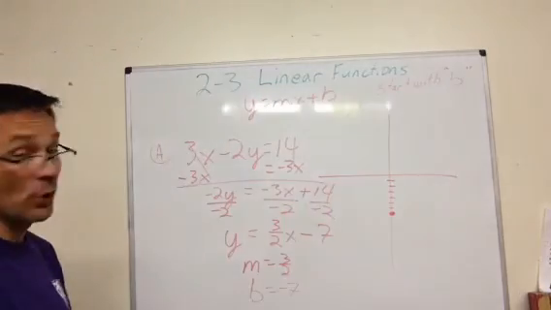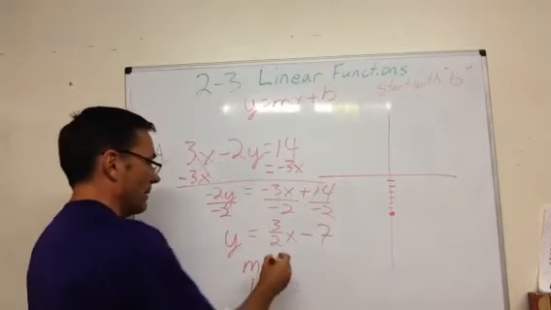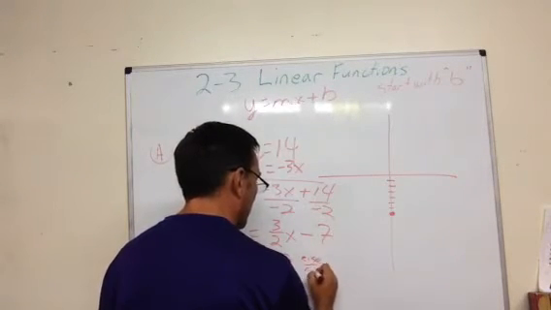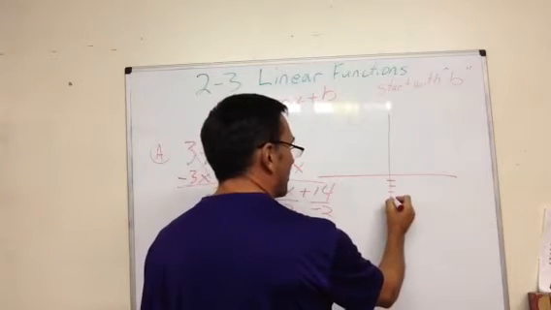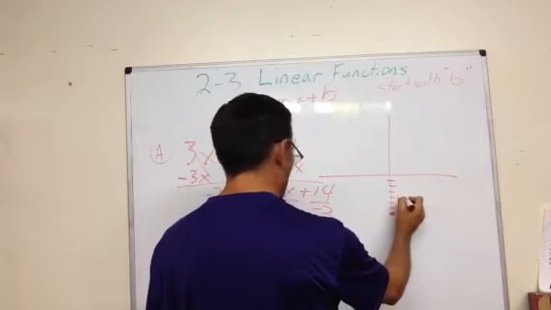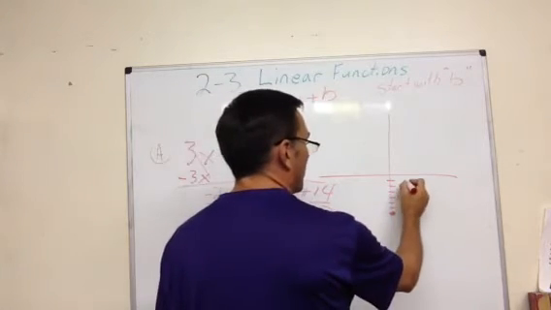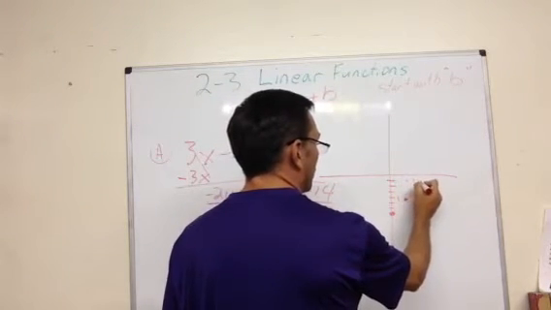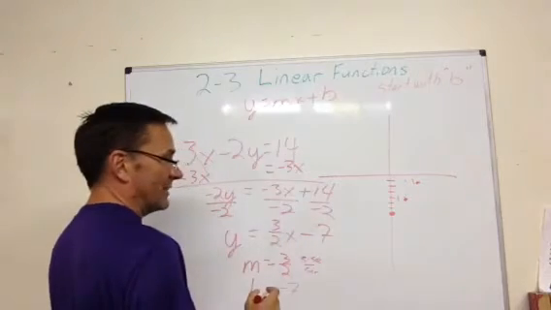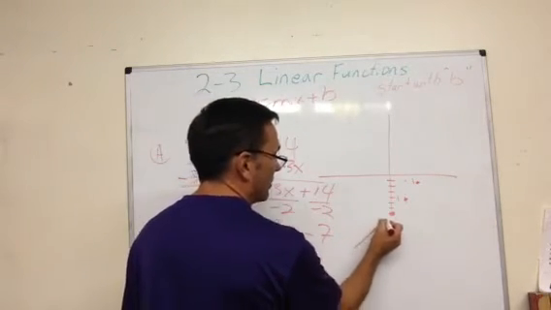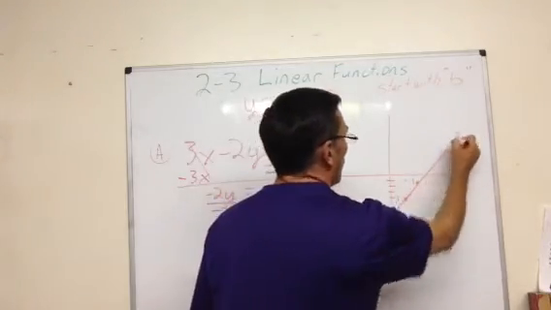Our slope is 3 over 2. So remember, it's rise over run. We rise up 3, and then we go over 2. We rise up 3, and we go over 2. Now this is just a sketch. It doesn't have to be perfect, but I better see something where it is rising.